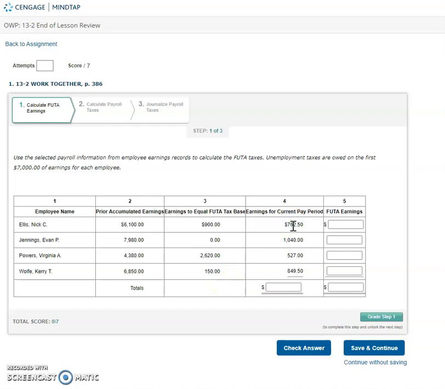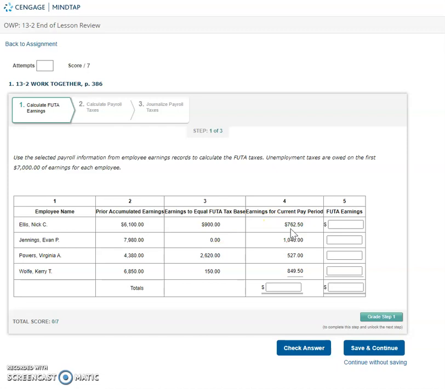This is going to be their earnings for their current pay period. And then what I like to do for this column 5 is really just take the smaller number between column 3 and 4. So what we're saying here for Nick is that we are still going to tax $900 of Nick's earnings.